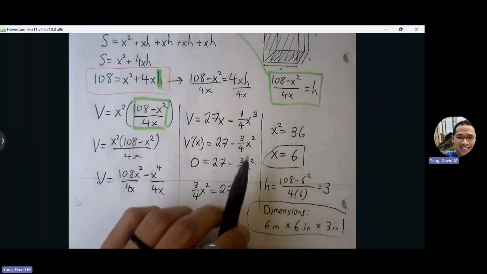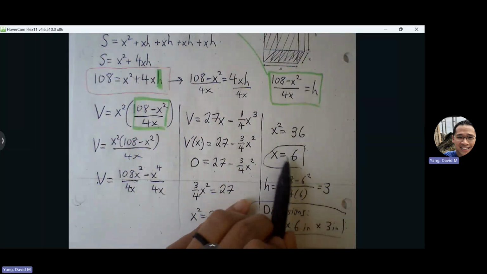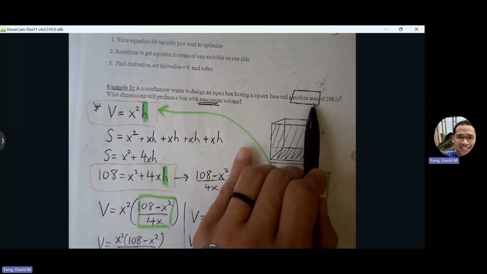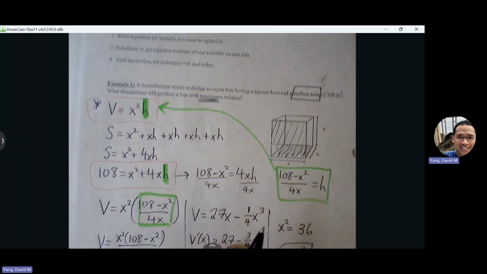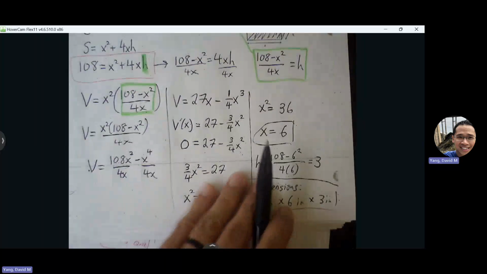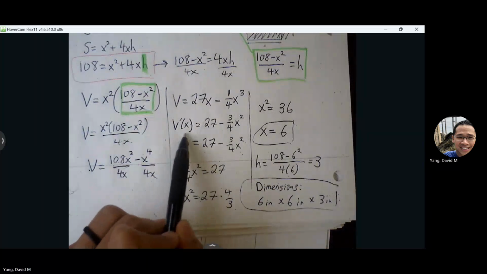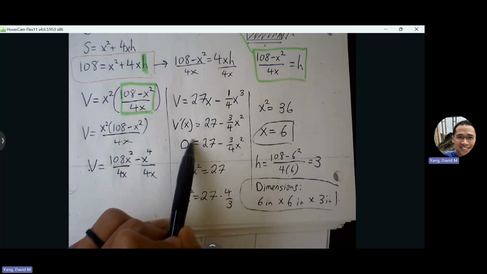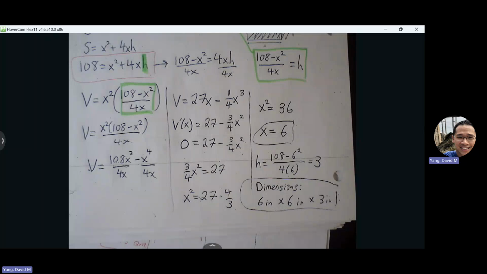Because we found the optimal value, we're able to take the surface area restriction and create a dimension that will maximize our volume. And that ultimately just comes from where the rate of change is equal to 0. Whenever the derivative is equal to 0, that's going to create the optimal solution that we're looking for.